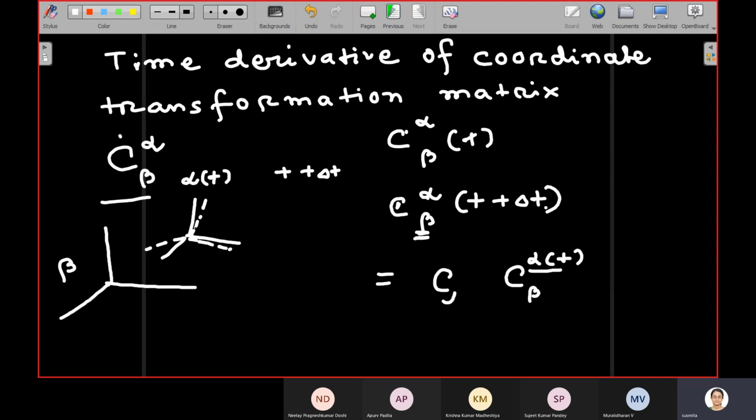So what will be the expression of this one? That we already derived.